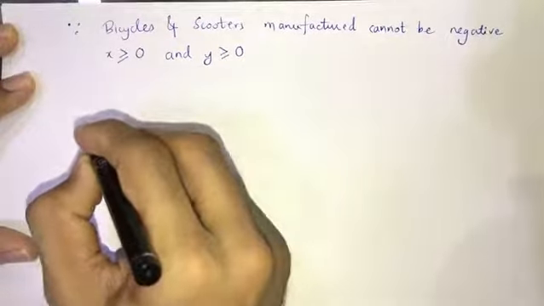Okay, then we have x greater than or equal to 0 and y greater than or equal to 0. These are non-negativity constraints.